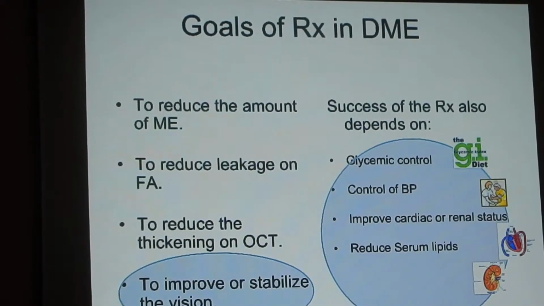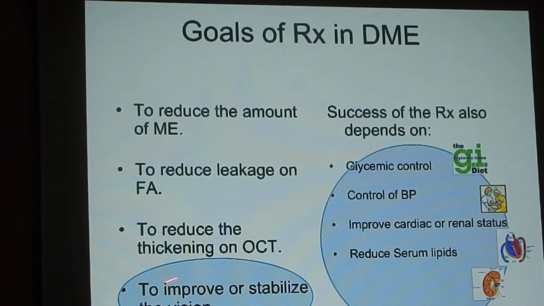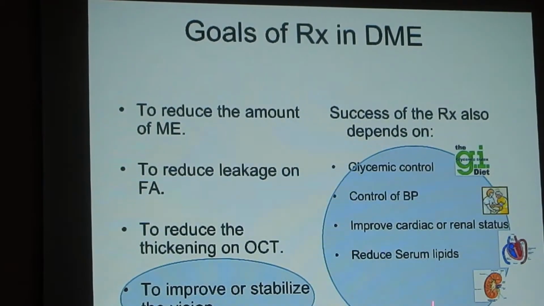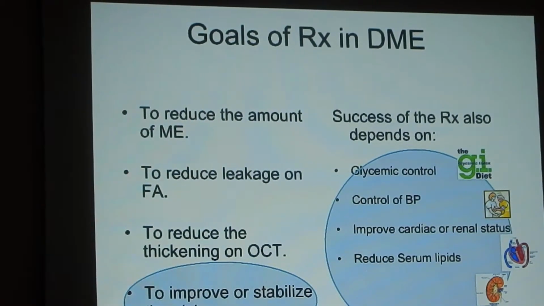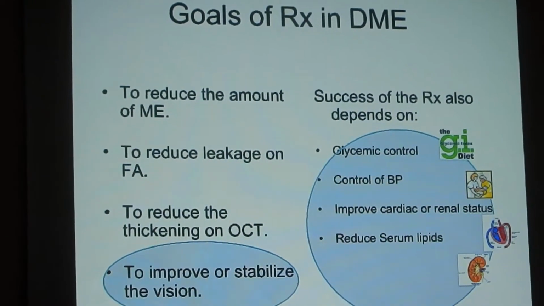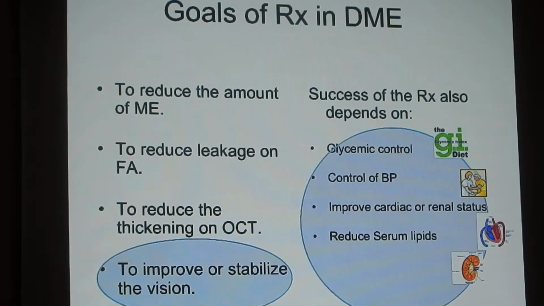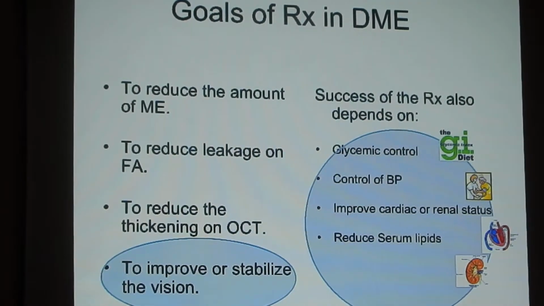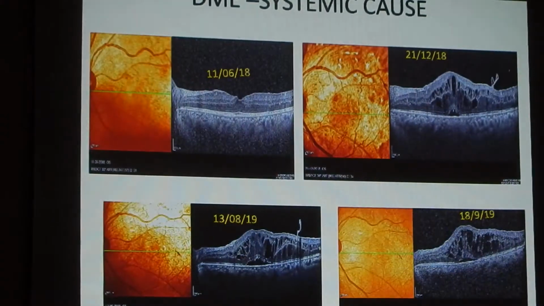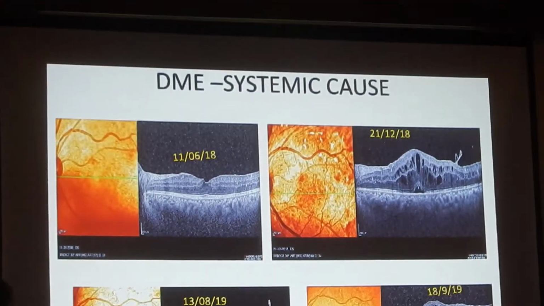We never comment that your vision will come back, at least stabilize. And apart from that, the success, as we saw, depends upon the kidney status, heart status, lipid status and glycemic status of the patient, what is the HbA1c. If fasting and post meal are most of the time normal, but HbA1c is 11, 12, then obviously such types of patient may not respond.